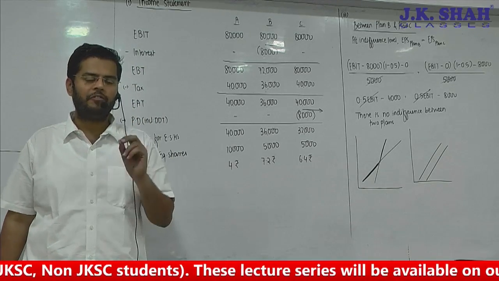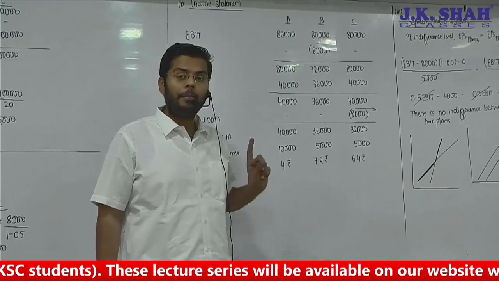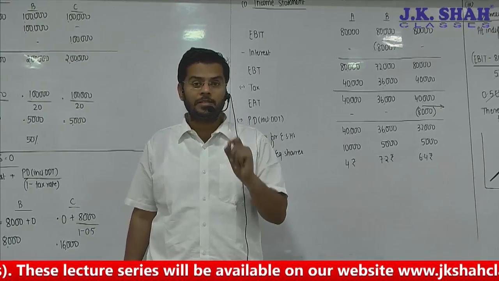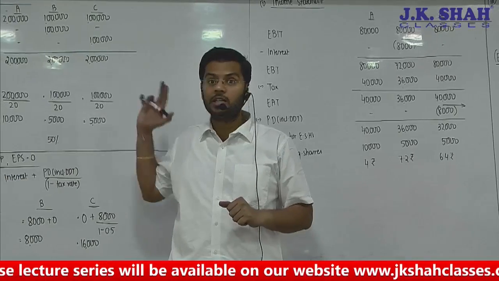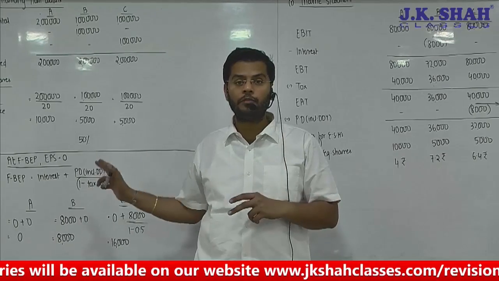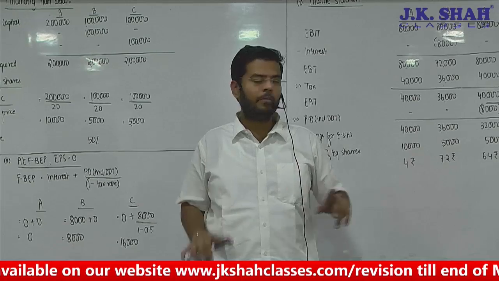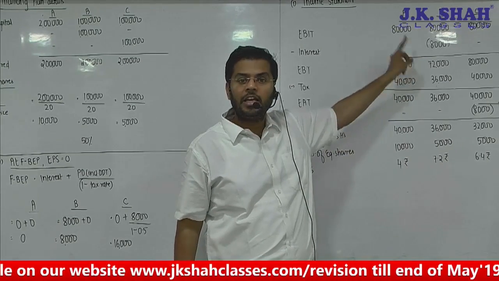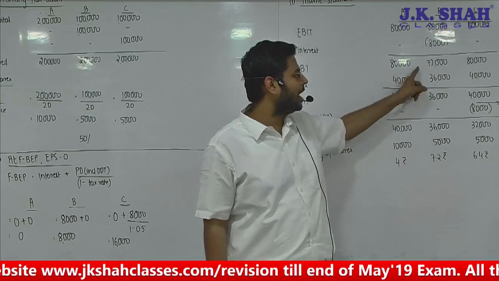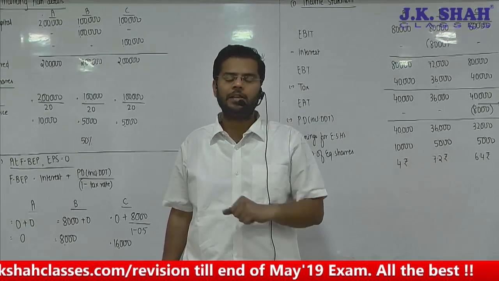Is that okay? Fine. So when you have to write down the solution for the last point, you could have written like this: plan B dominates plan C. This is because, other things remaining the same, that is rate of interest, rate of dividend, number of equity shares, the EBIT, everything kept the same, interest is allowed as an expense, which helps us to reduce our taxable income, thereby reducing our tax liability.